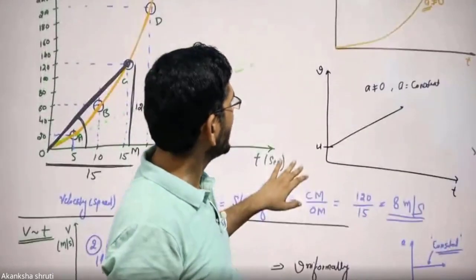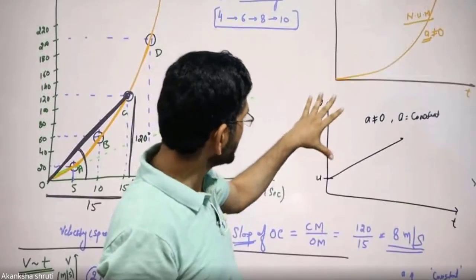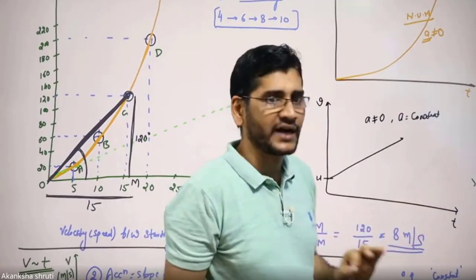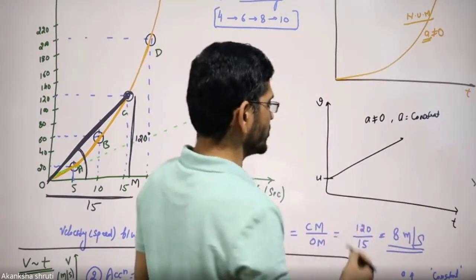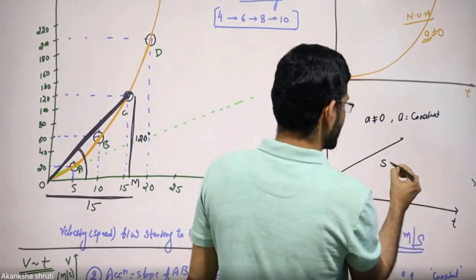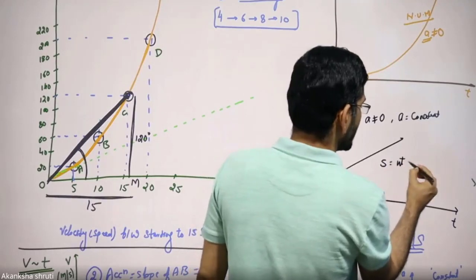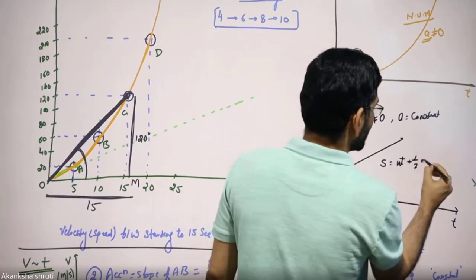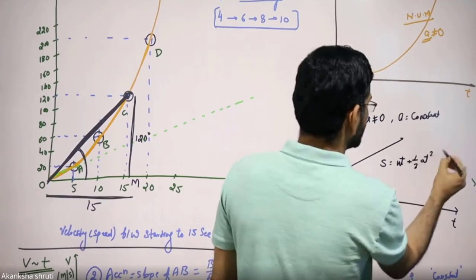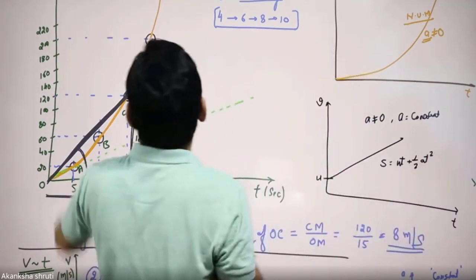And student, very interesting. Today, with the help of this velocity time graph, we are going to derive the important relation s equals ut plus half at square.